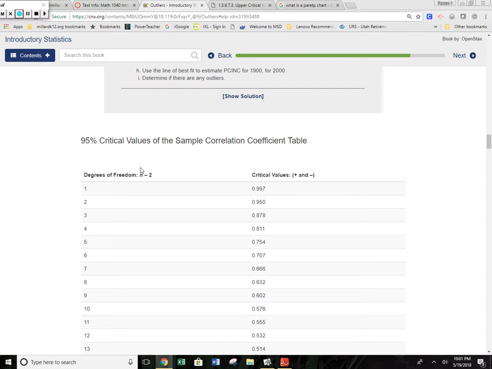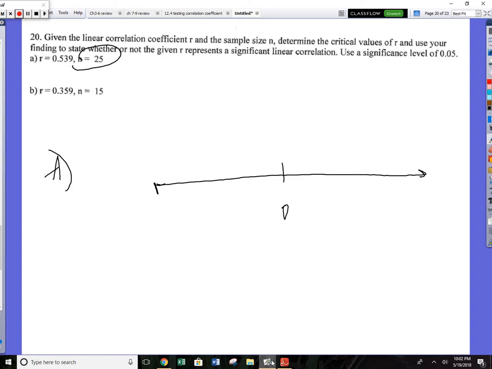Ooh. Okay, now look. Because there's two variables, some on the x, some on the y, you've got to take your degrees of freedom and subtract 2. So my n was 25. That means my degrees of freedom are going to be 25 minus 2.